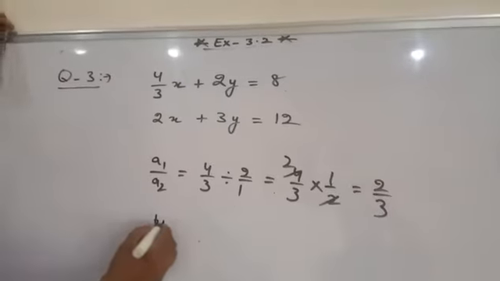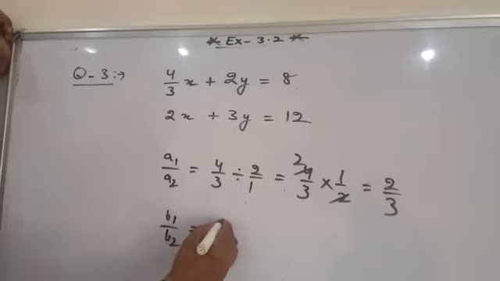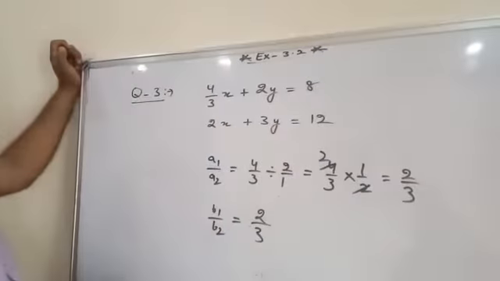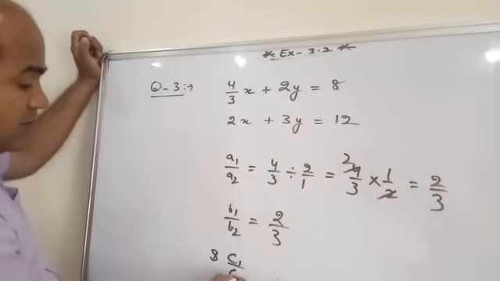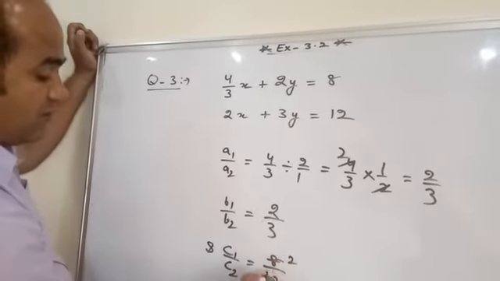Then b1 by b2 is equal to 2 by 3, the coefficient of y, and c1 by c2 equals 8 by 12, which is 2 by 3.